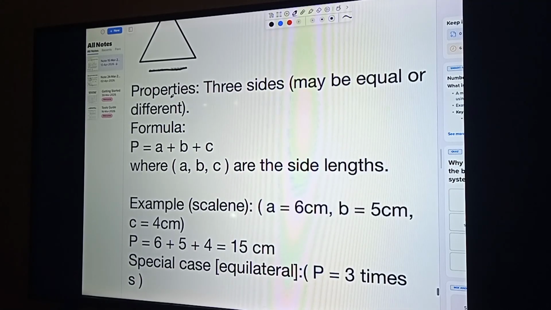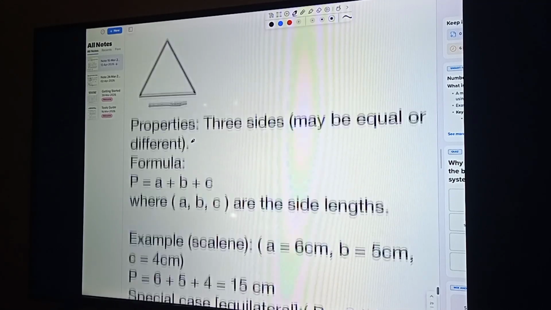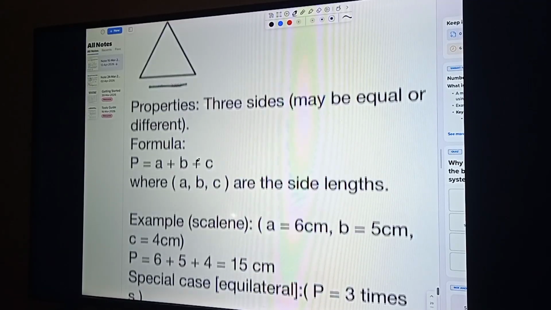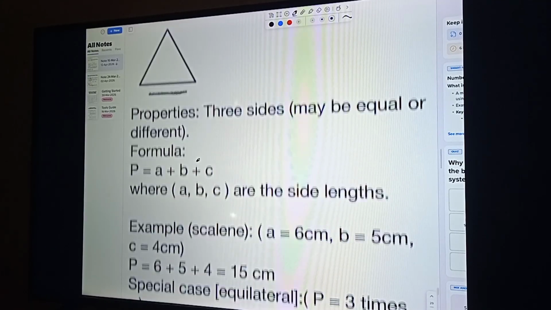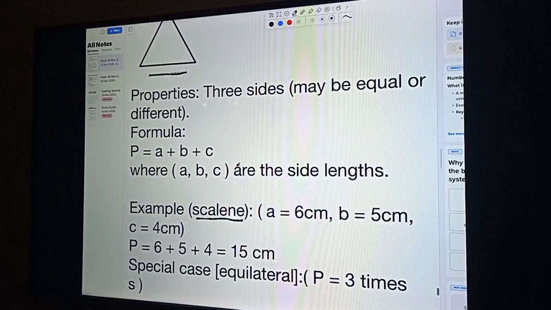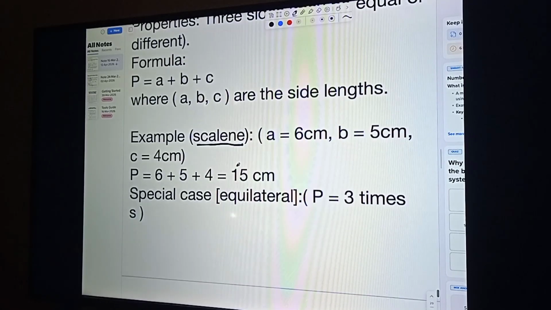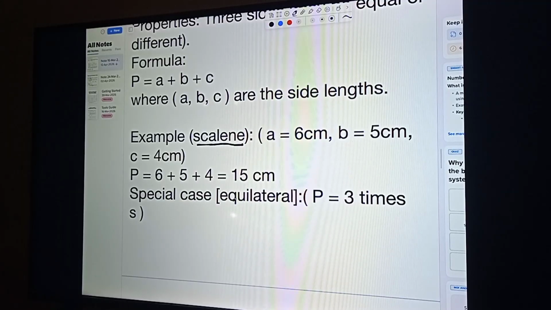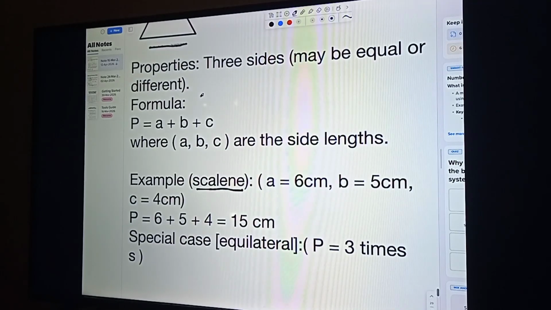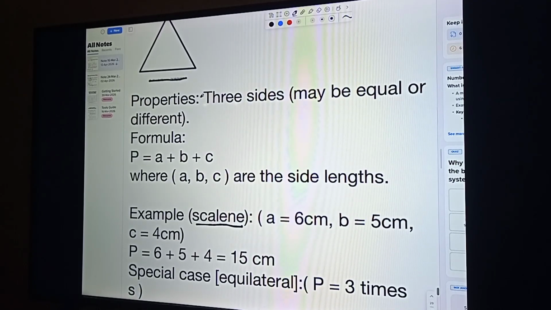If the sides are different, the triangle is called a scalene triangle. In a scalene triangle, all sides differ from each other. But there is a special case called an equilateral triangle, in which all sides of a triangle are of the same length.